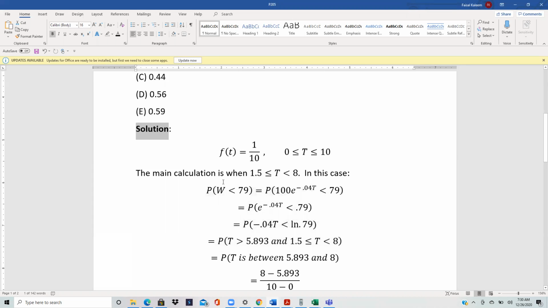And also don't forget that we are in the situation where T is between 1.5 and 8. So we will say over here that T is greater than 5.893, and also we know that T is between 1.5 and 8.